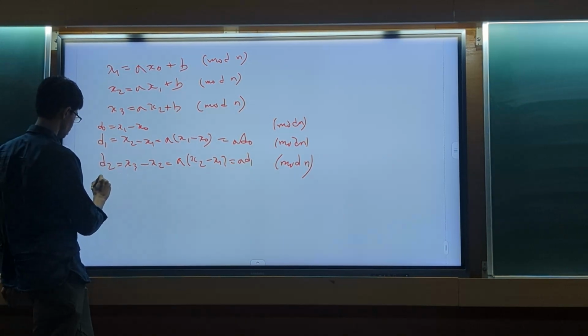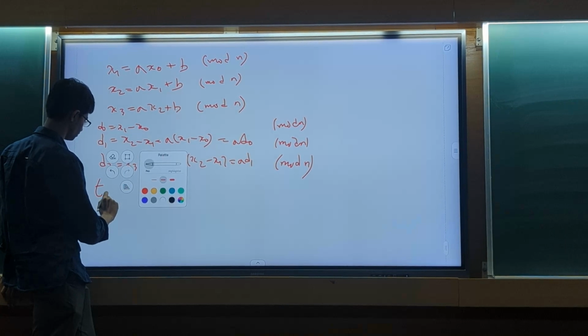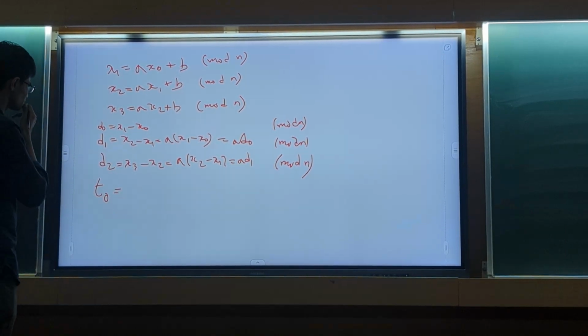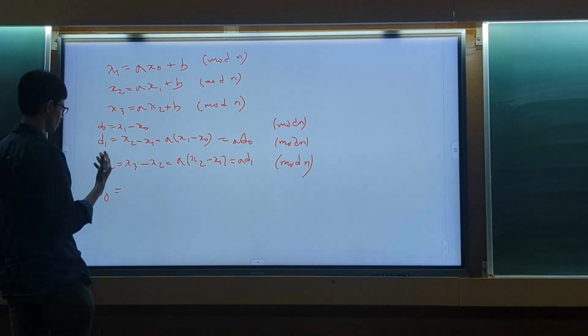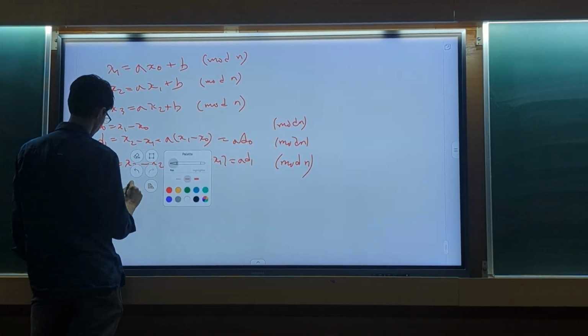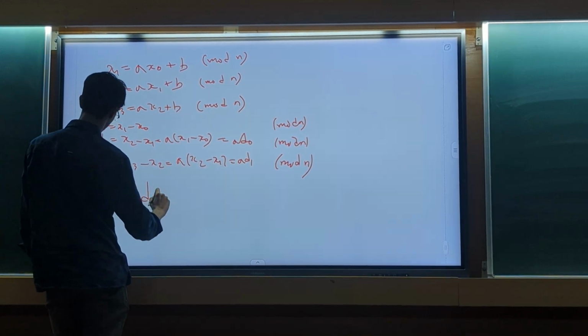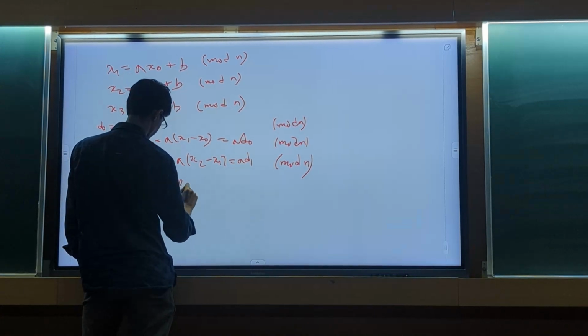So you consider this thing where I will now define t0 to be... essentially, I want to get rid of this a dependence somehow. So let's see what it is. Let's say I take d2 d0 minus d1 squared.